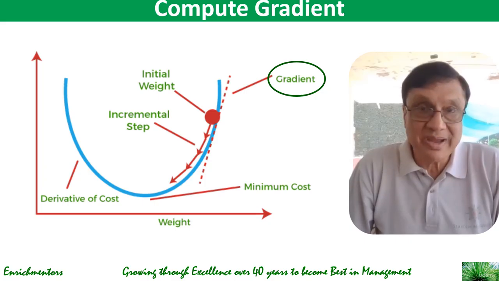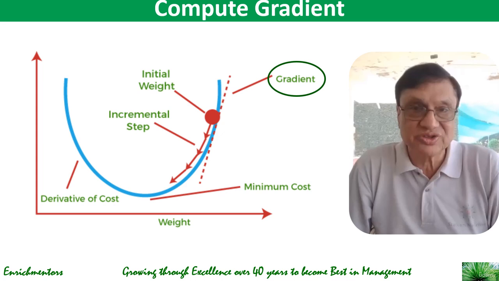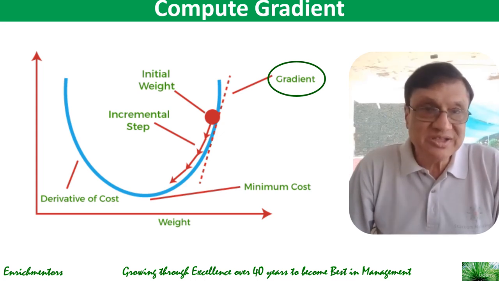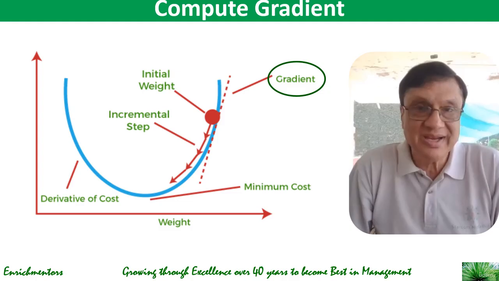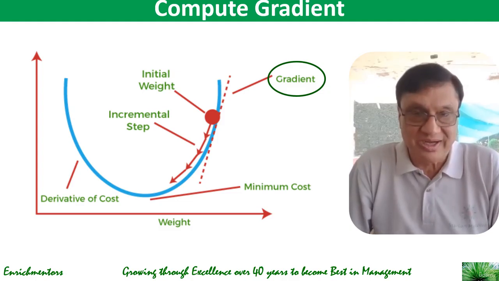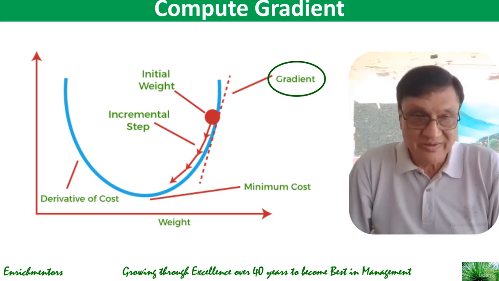So you take one parameter at a time and for each parameter you calculate this gradient. This gradient indicates the direction of the steepest increase of the loss function. To minimize the losses or errors, we want to move in the direction opposite to the gradient. Make sense? Because the ultimate objective is to reach that minimum cost and minimum error.